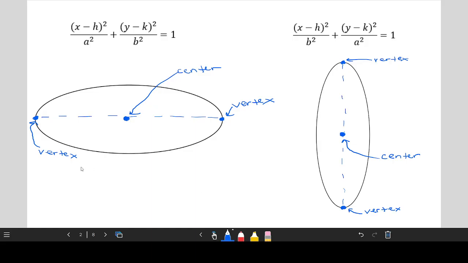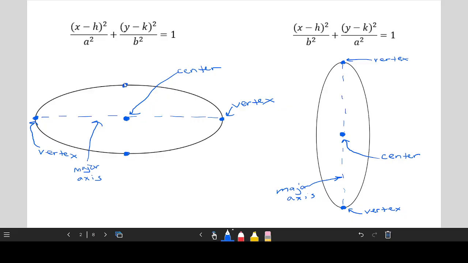That line segment is called the major axis, because it's the longer direction. We also have a minor axis going in the short direction between this pair of points.